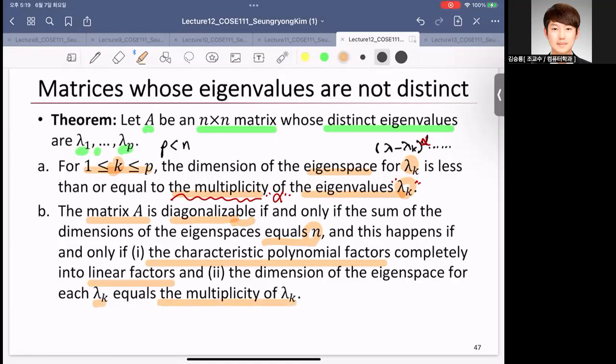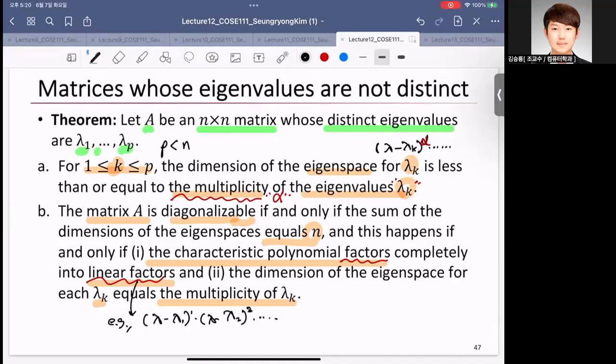So what does it mean? The characteristic polynomial factors into linear factors, which means that when we find the characteristic polynomial, it should look like (lambda minus lambda 1) to the power 1, for example, or (lambda minus lambda 2) to the power 3, and so on.